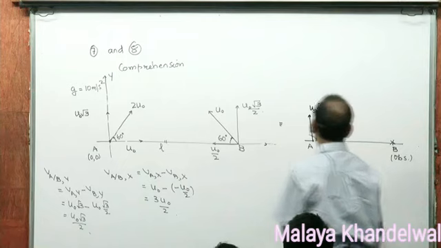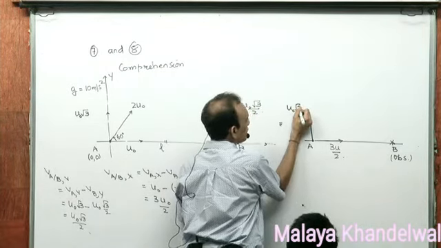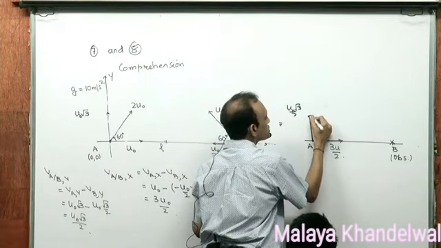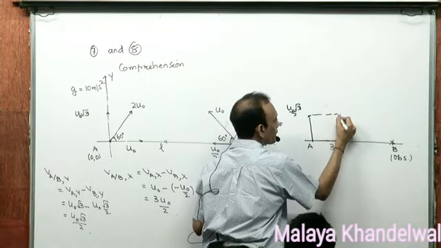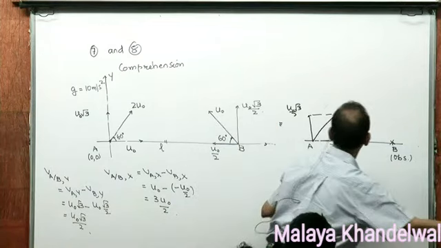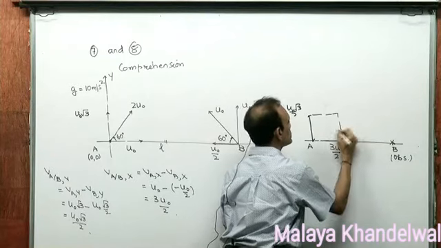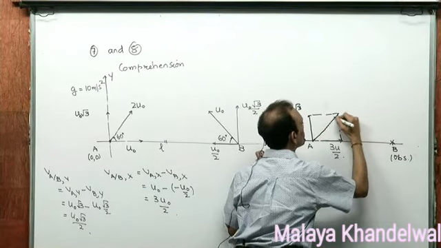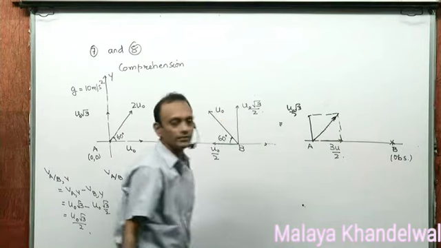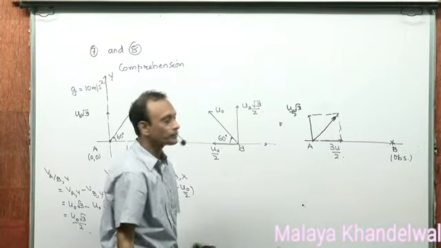Right? And realize that consequently the relative velocity of A as seen by B would be like this. Relative velocity of A as seen by B would be the resultant of these two. This would be the net velocity of A as seen by B. Yes or no?